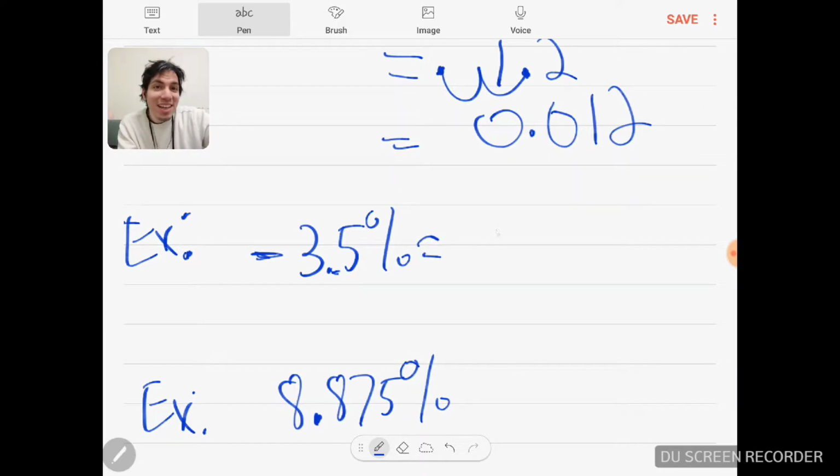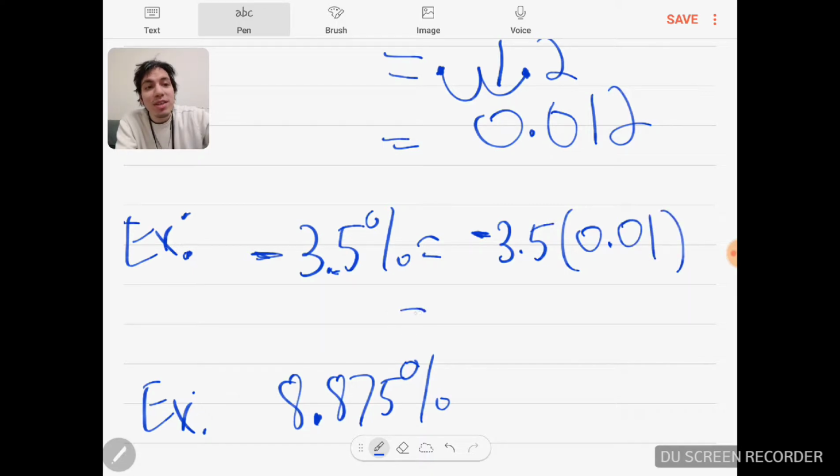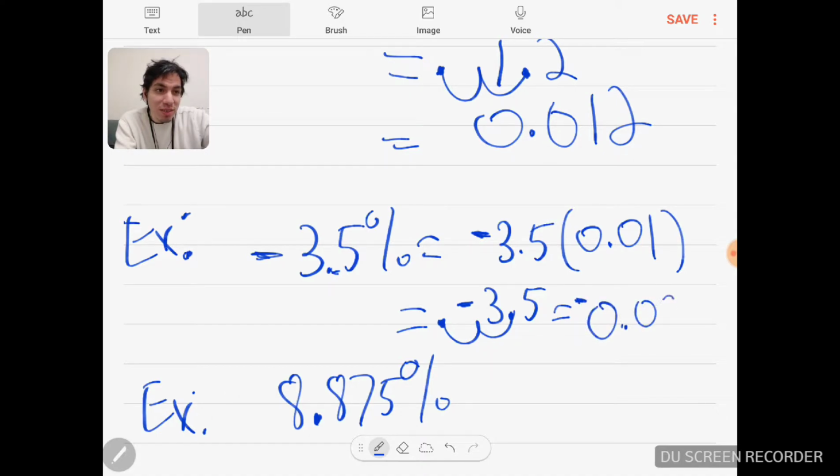Anyway, same idea here. Negative 3.5 times 0.01. Then you simply move the decimal point over 2 to the left, 1, 2. I get negative 0.035 as my answer.